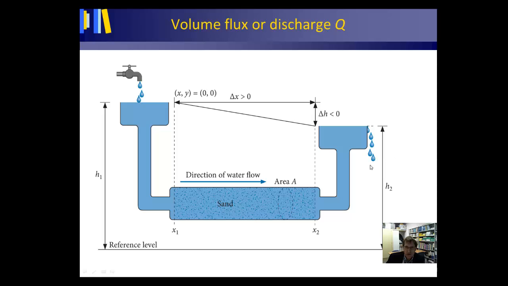So we can collect the water here and determine the amount or volume of water which is passing through the sand column. Of course, this is a screen which keeps the sand in place but lets the water flow in, and the same screen we have here. And here we see the area of your cylinder, which is also the area perpendicular to your water flow.